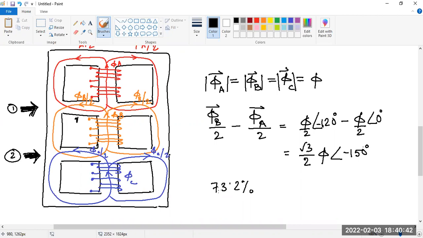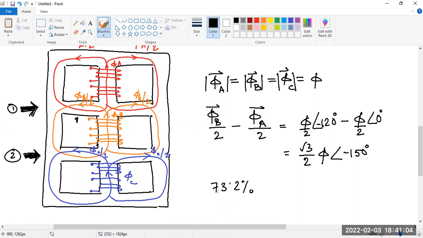Correct. So your point is correct. Already we have designed about the knee point of the BH curve, where the operating point is very near to saturation. How can we accommodate this additional 73% flux?